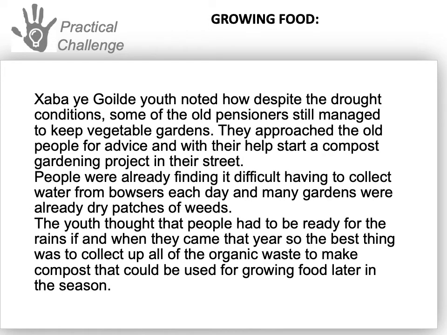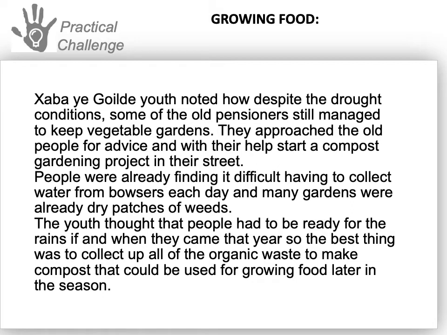Next, Abaye Golide, a youth group, noted how despite the drought conditions, some of the old pensioners still managed to keep vegetable gardens. They approached the old people for advice, and with their help, started a compost gardening project in their street.